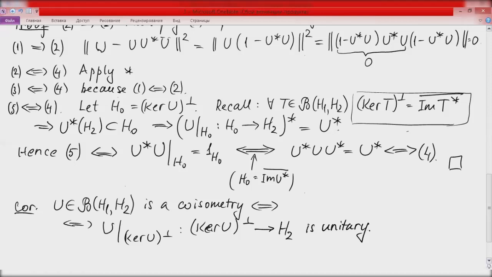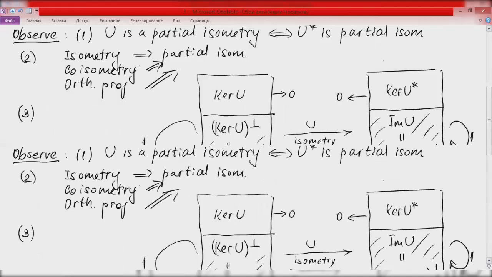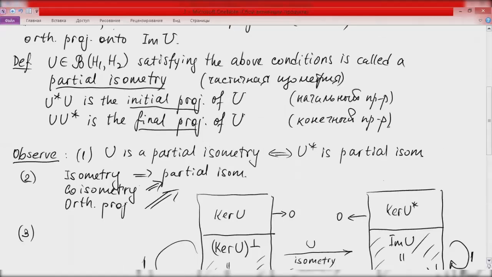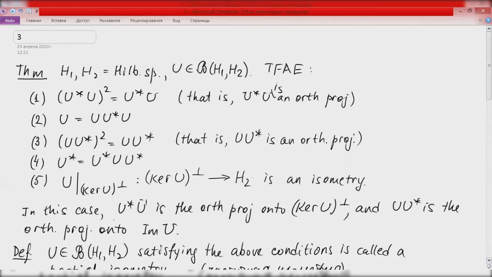If we look again at the statement of the theorem, we know that U is a co-isometry if and only if, we look at condition 3, U U star is the identity map.